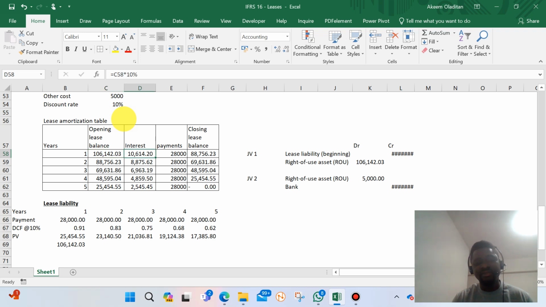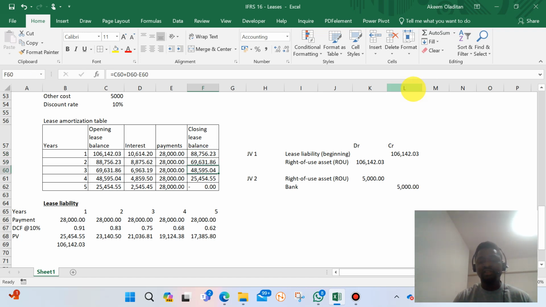Then we charge interest on it for that year, and also payments to be made, that's 28,000 each of those years. The closing balance will be the remeasured amount. As at the end of the year, this 88,000 will be the value sitting in our statement of financial position, our balance sheet at the end of the year.